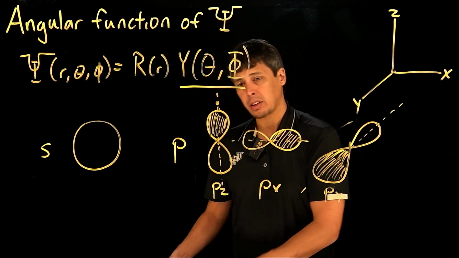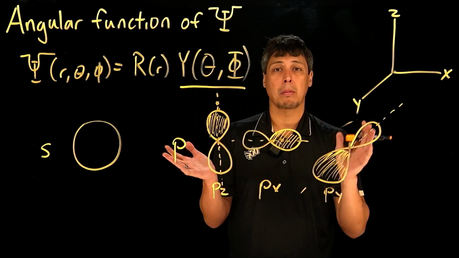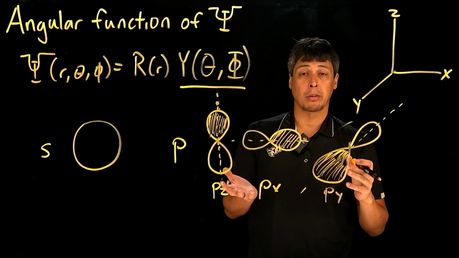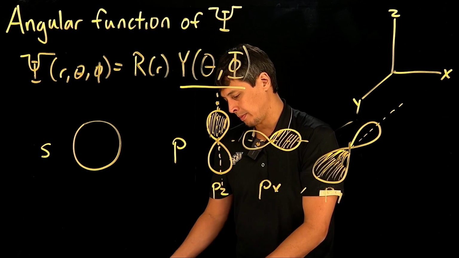But the shape itself, as I discussed, is talking about a probability. So what the shape is dictated by is the square of the wave function, and in this case, the square of the angular component of the wave function.